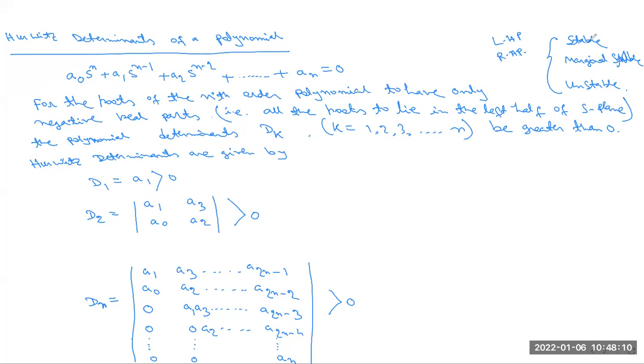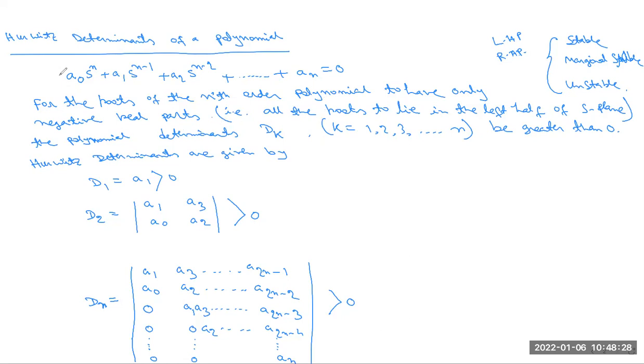We know that if all the roots are present in the left half of the s-plane, then the system is called stable. Okay. So in this chapter, we have to do the stability analysis of the control system.